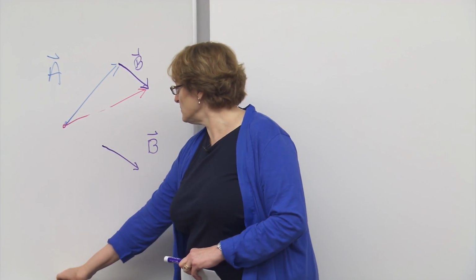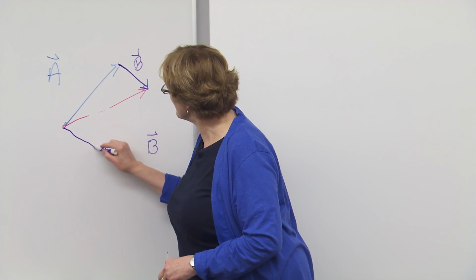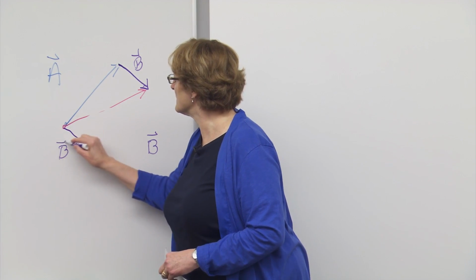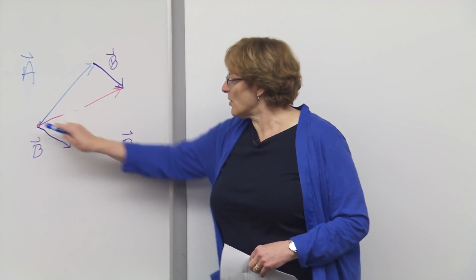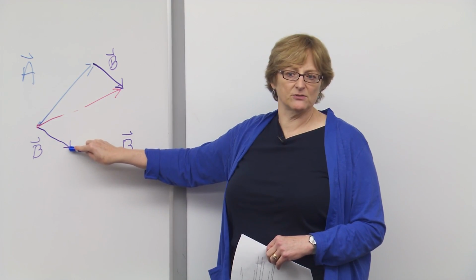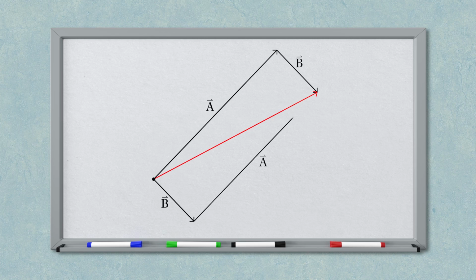So I'm going to move this vector B right here. So I do that instruction first. I go here to here, and now I do instruction A. I go from here up here. And you can see that adding B plus A is identical to adding A plus B. That's true for any two vectors in any directions.